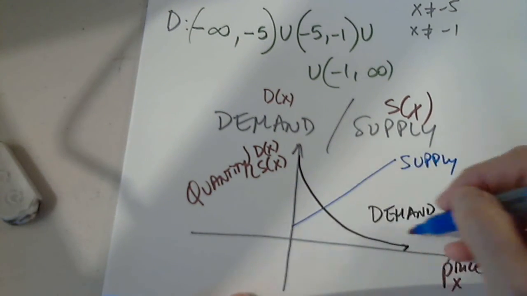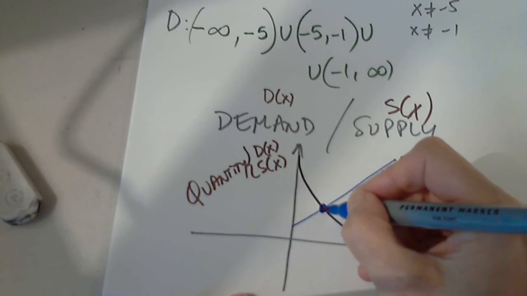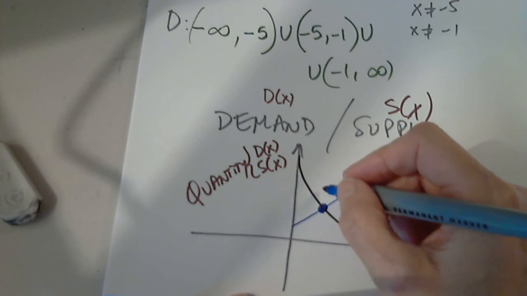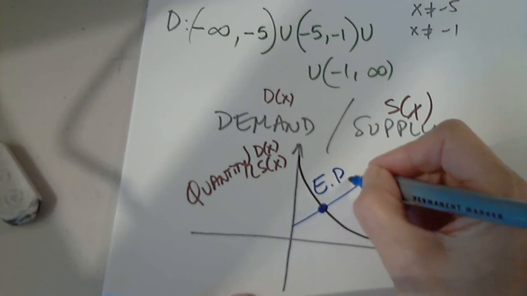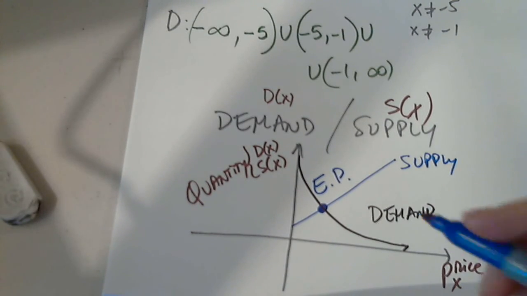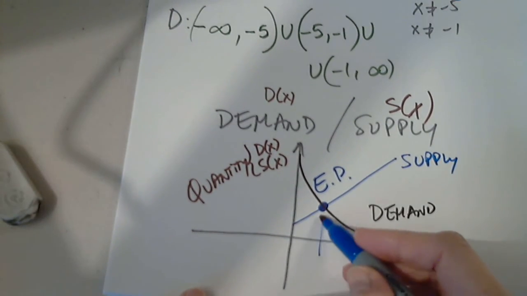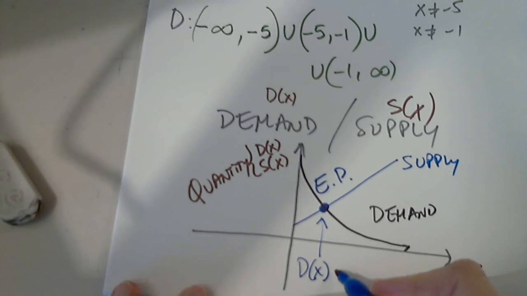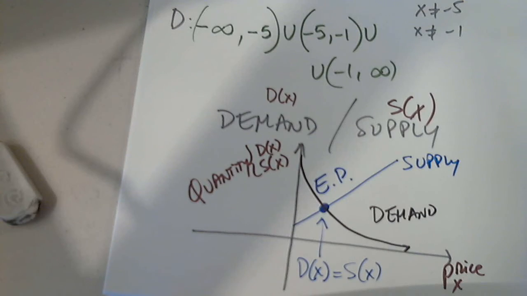Where the demand and the supply intersect, this is where we have the equilibrium point. At this point, the demand of X equals, for a particular price, the supply for that price. Those two equations are equal.